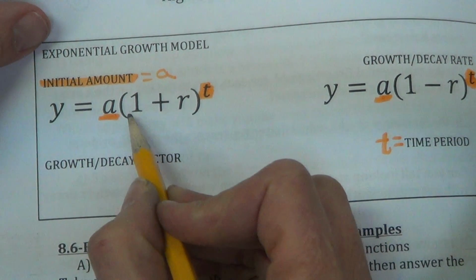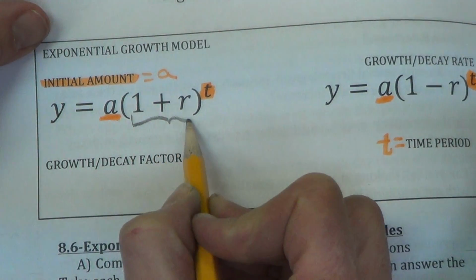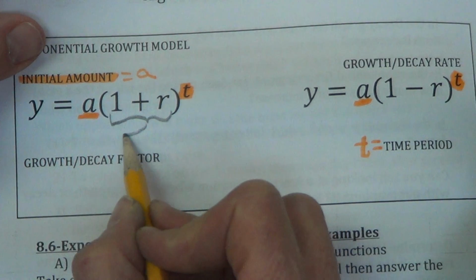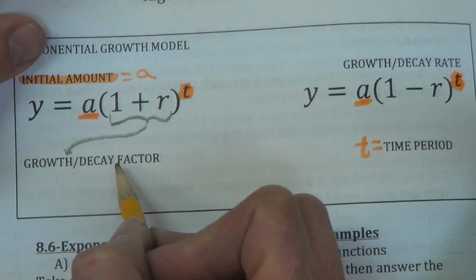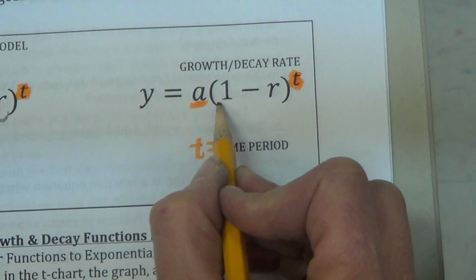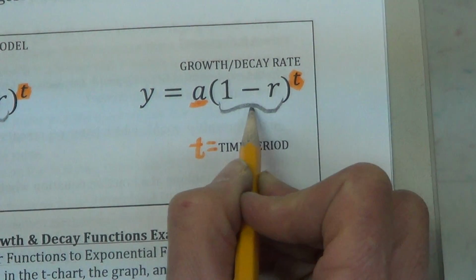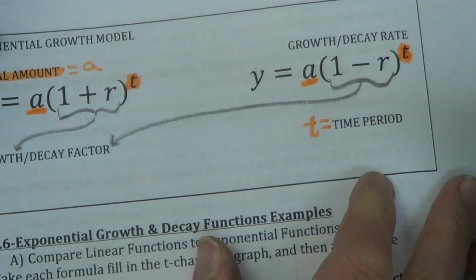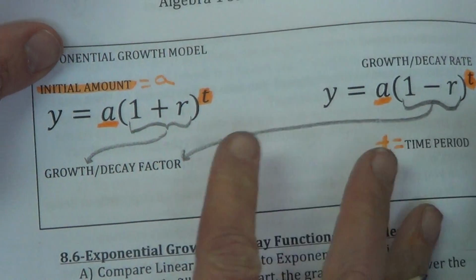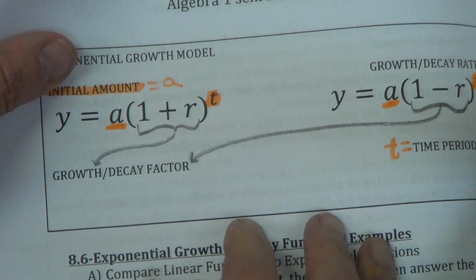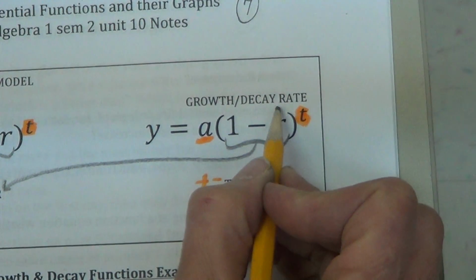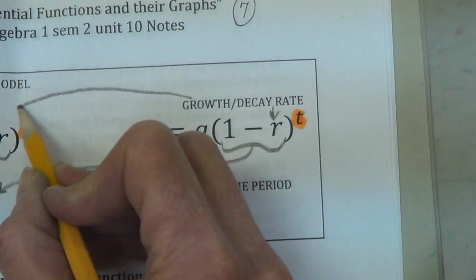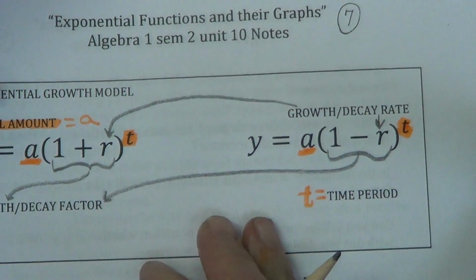Your growth factor will be 1 plus R. Your decay factor, because it's going down, will be 1 minus R. So that's your decay when it's minus, growth when it's added to it. Your decay rate is the R value that we put in there. Your growth rate is the R value that we put into that formula. Okay?